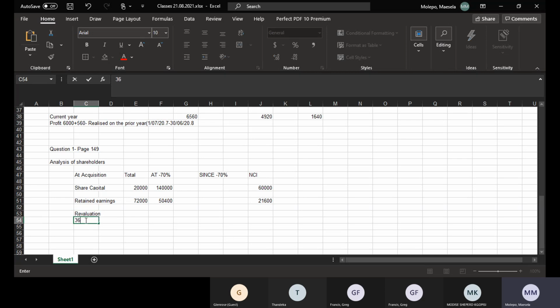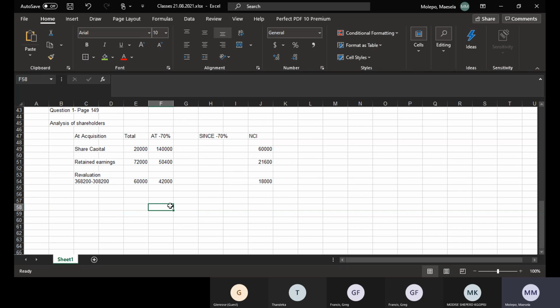So we'll say the 368,200 minus 308,200, then it gives us the total revaluation of 60,000, and then we say times the 70%, which will be the 42,000, and then the difference will be the 18,000.